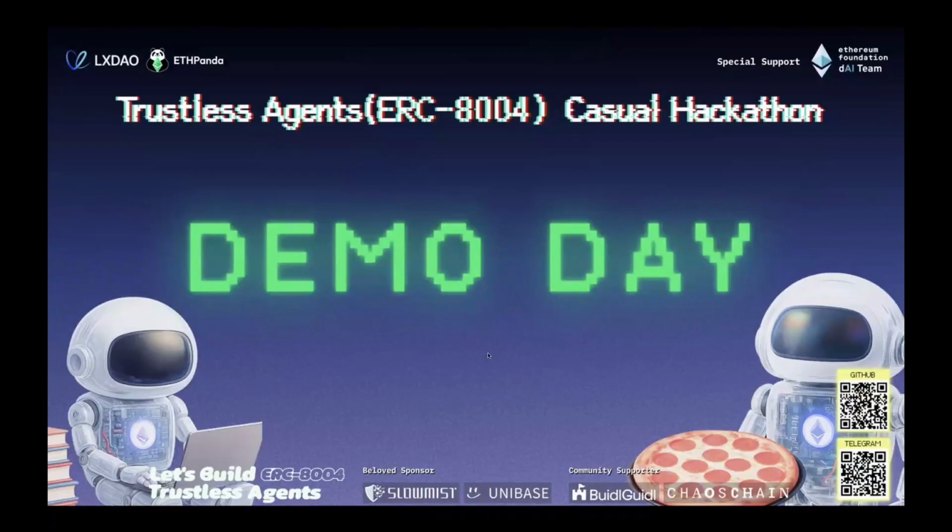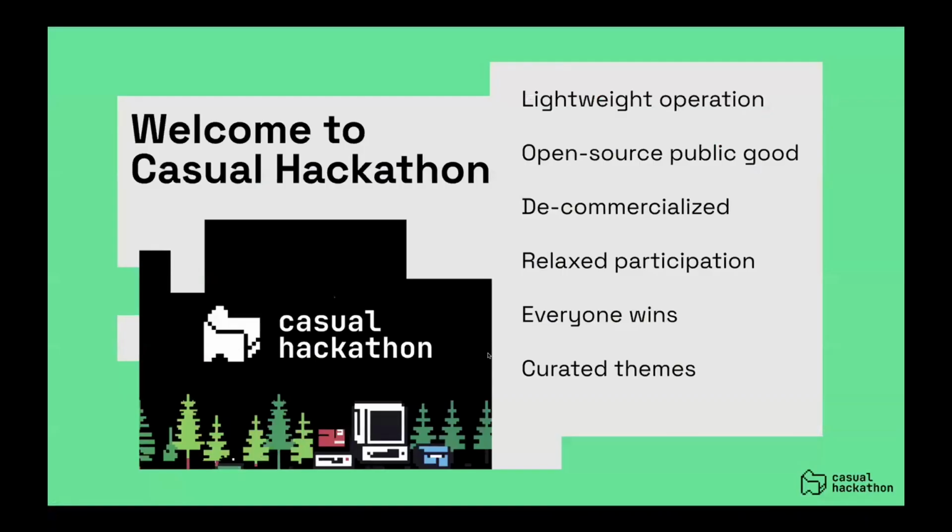Firstly, let me quickly introduce what a casual hackathon is. Casual hackathon is a new type of hackathon initiated by the LX style community, and it emphasizes lightweight operation, low cost, decommercialization, creativity, and user experience.